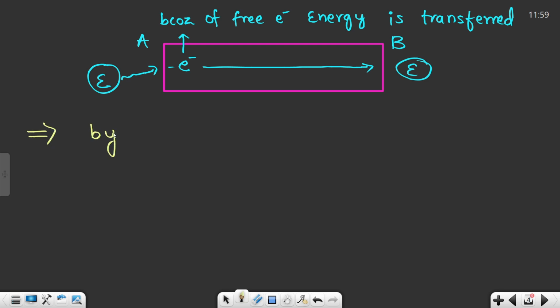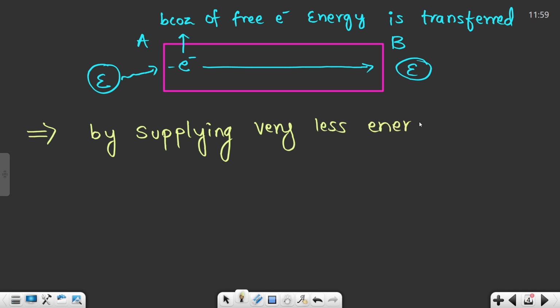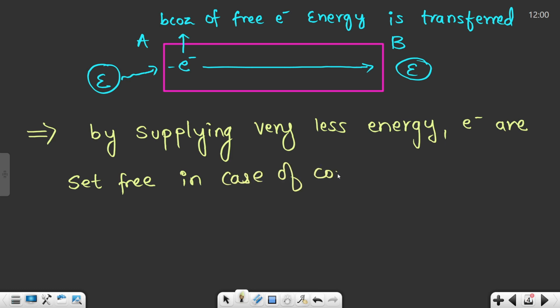By supplying very less energy, electrons are set free in case of conductors.